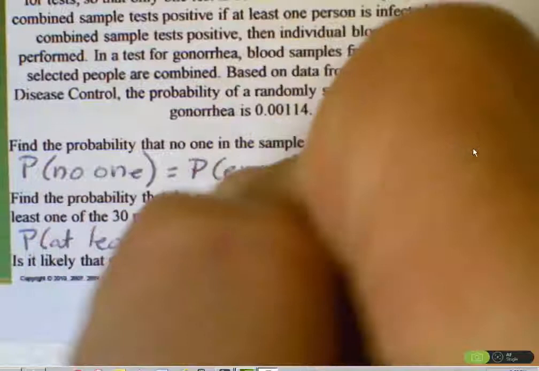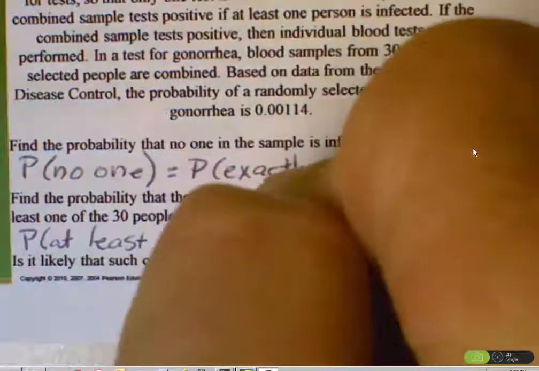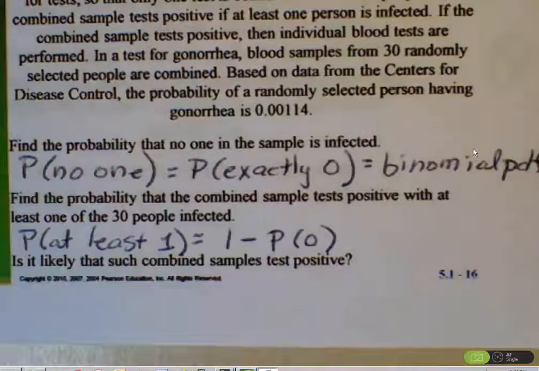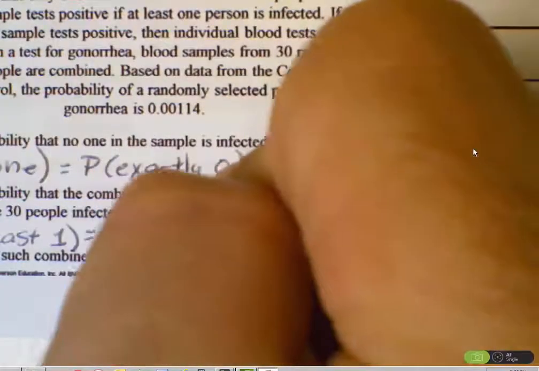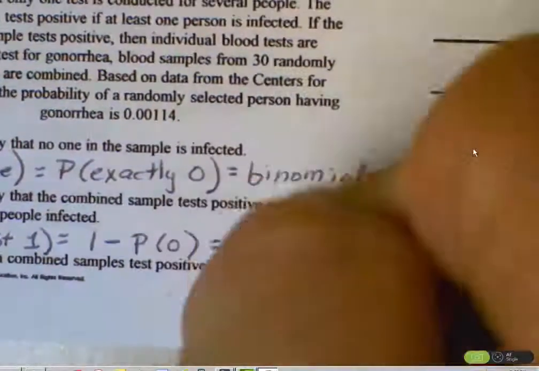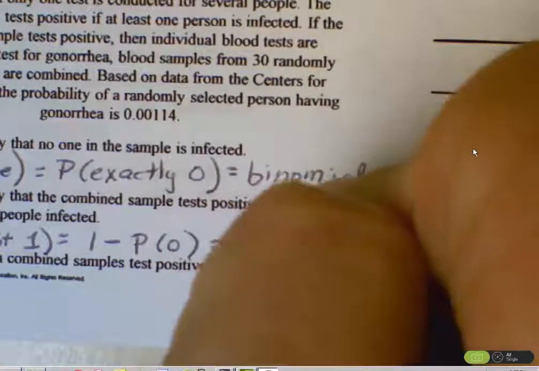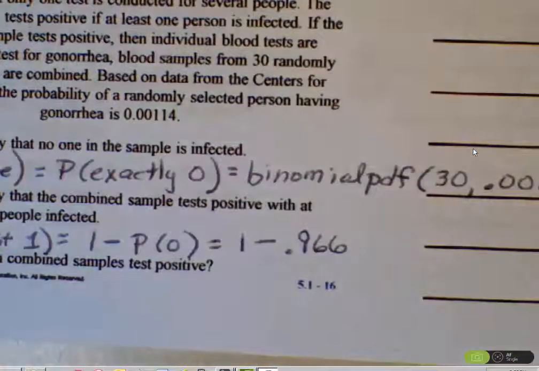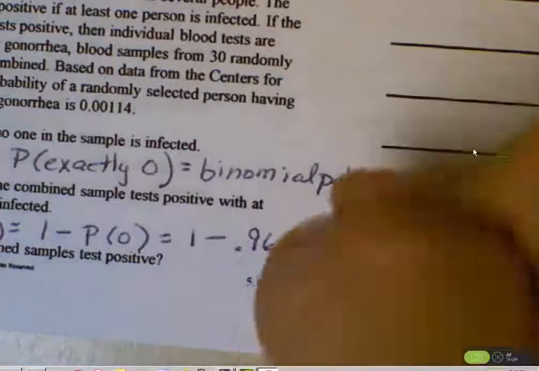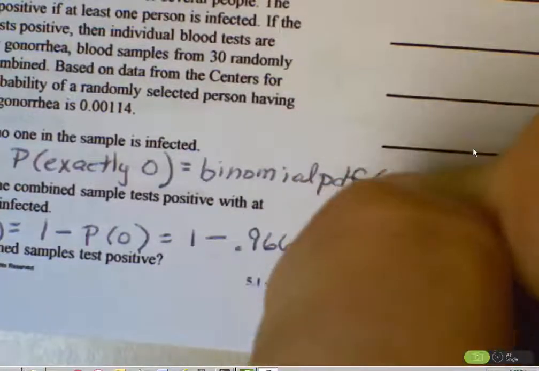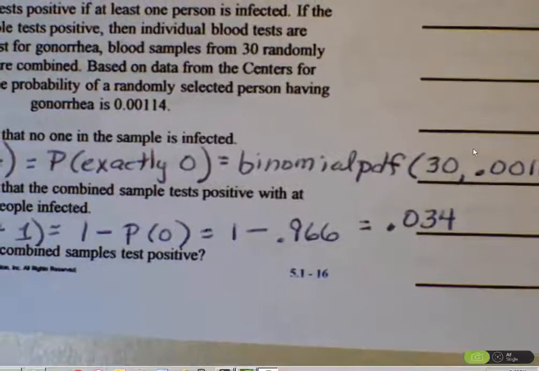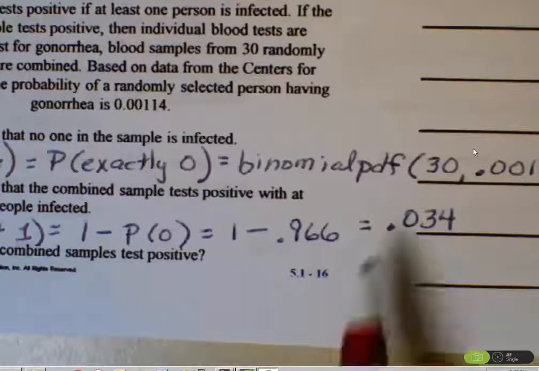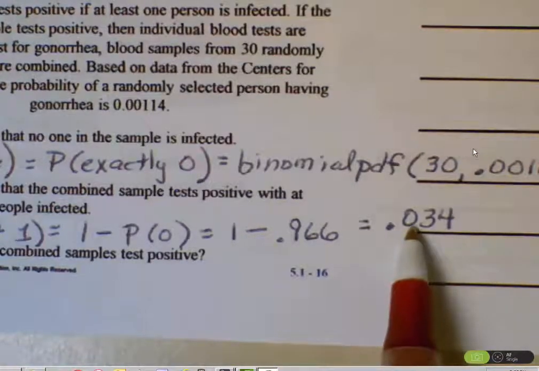It is 1 minus the probability of 0. And we said the probability that no one, that the whole batch is negative, is 0.966. So the probability that at least one person in the batch of 30 is infected is only 0.035.